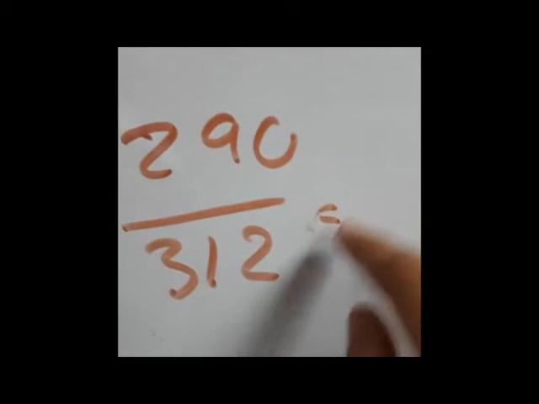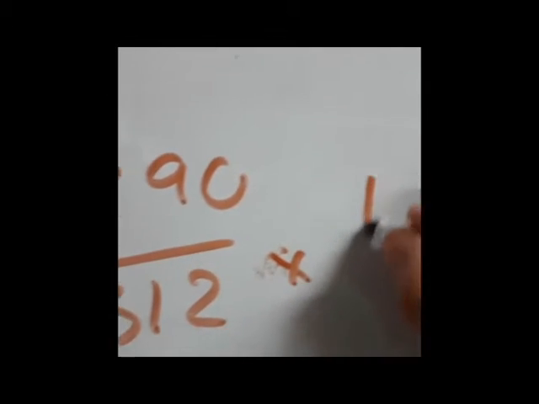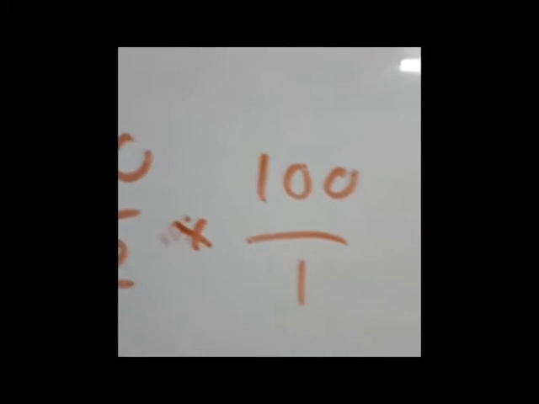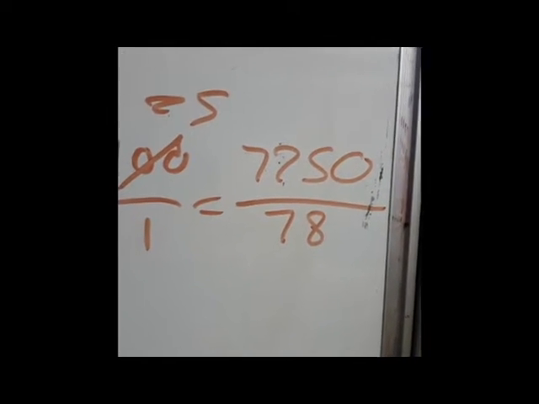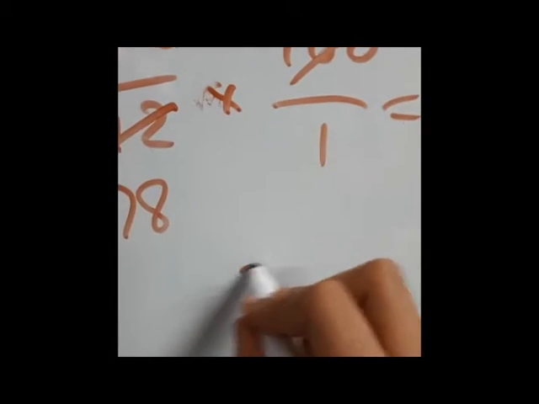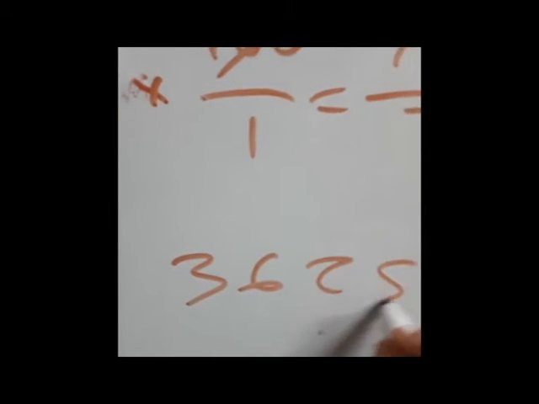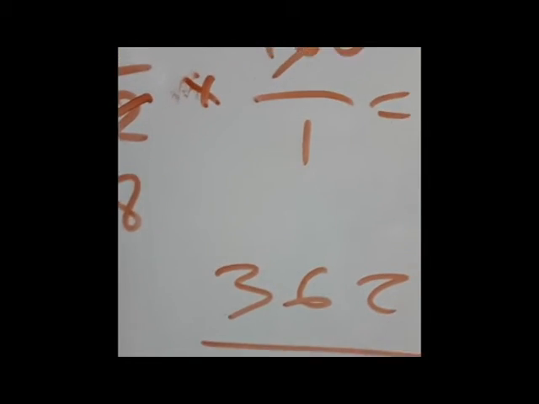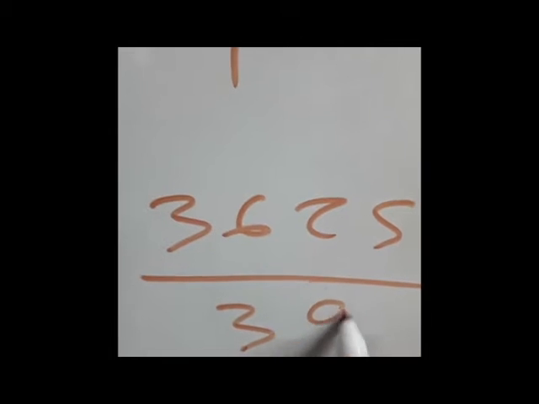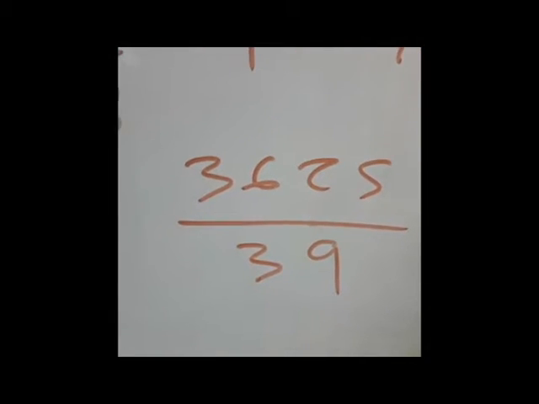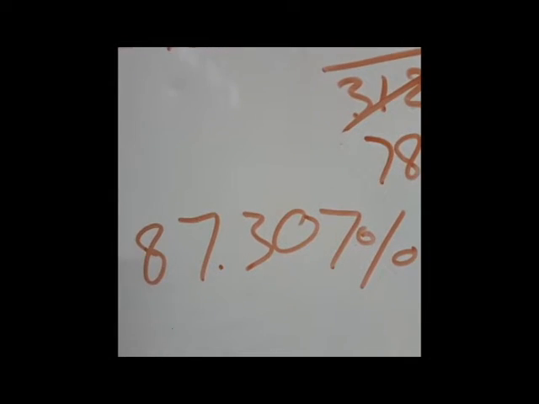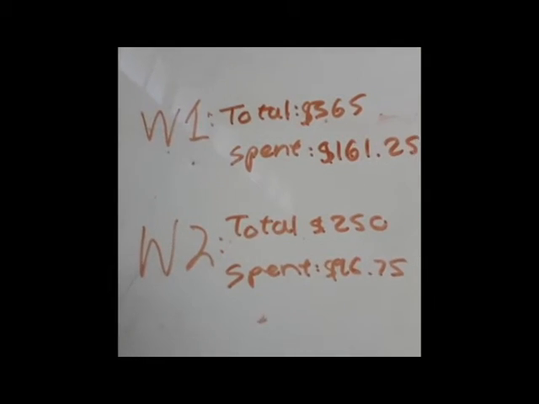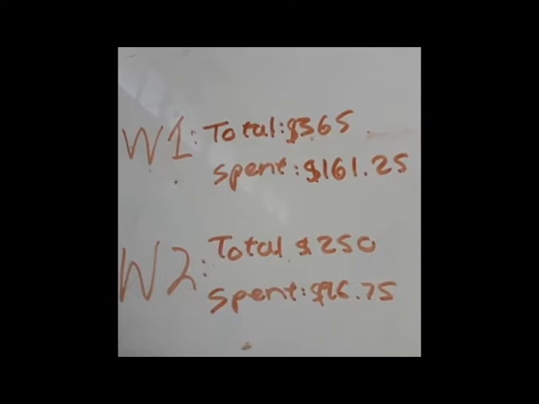The next step is multiplying this by 100 over 1, giving us the answer of 7,250 over 78, which when written in simplest form would be 3,625 over 39. And when this is divided on a calculator, you will obtain the answer of 87.307 as a percentage.